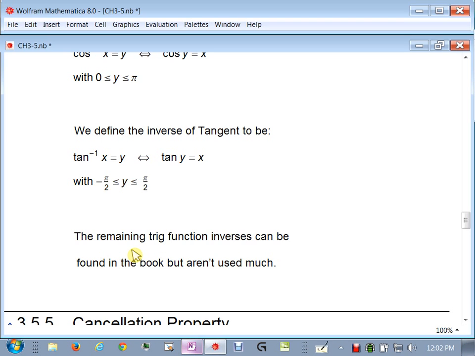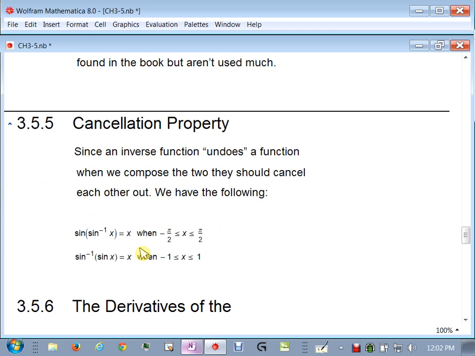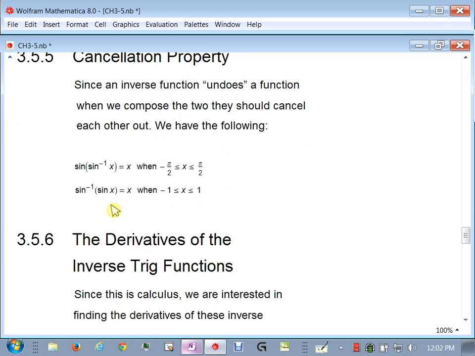All right. Now let's talk about the cancellation property. Since an inverse function undoes a function, when we compose the two, they should cancel each other out. We have the following cancellation property.